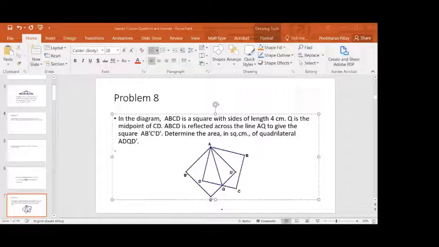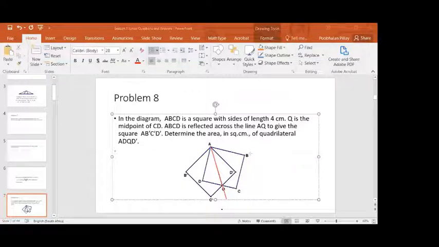reflected across this line. So you get a reflected square like that.